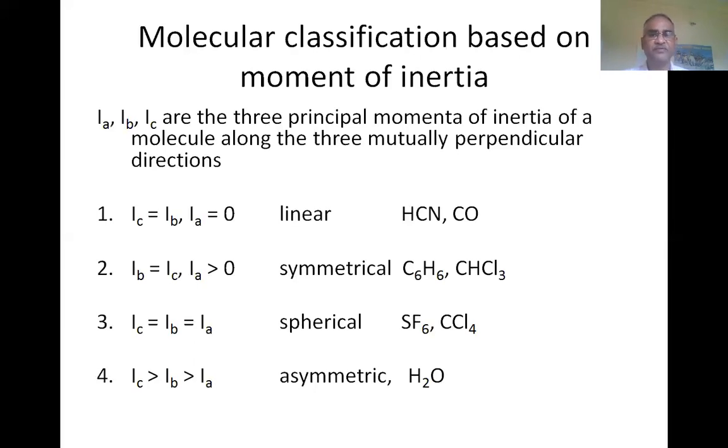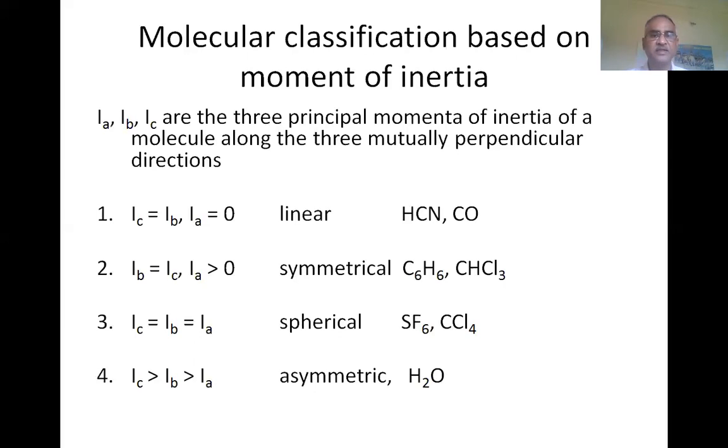So now we have four different possibilities for the moment of inertia. So basing on these conditions, we have four categories of molecules: linear molecules, symmetrical molecules, spherical molecules, and asymmetric molecules.